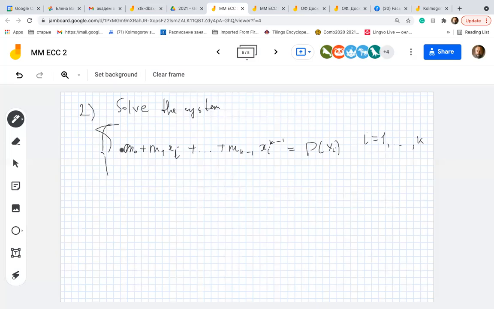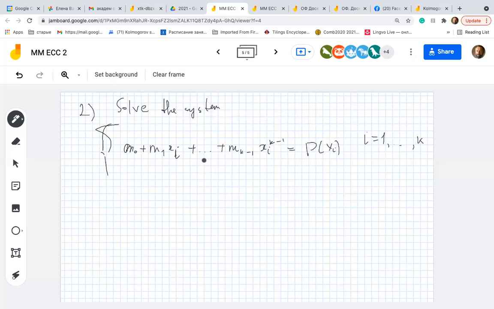The variables here are the unknown symbols of the message. m0, m1, up to m(k minus 1) are our variables. The xi's are some specific numbers. So this is a linear combination in mj's. And p of xi is also a specific number given to us. It's the value of our polynomial we are given. And so we have a system of k linear equations in k variables.